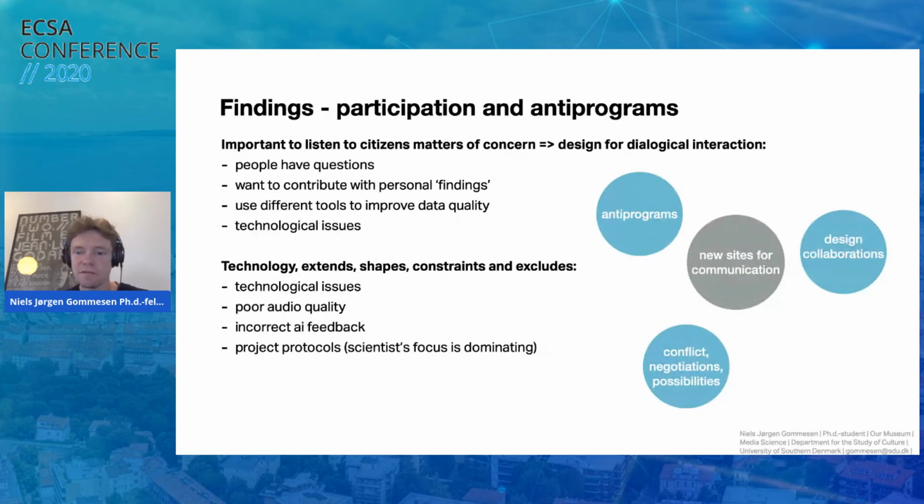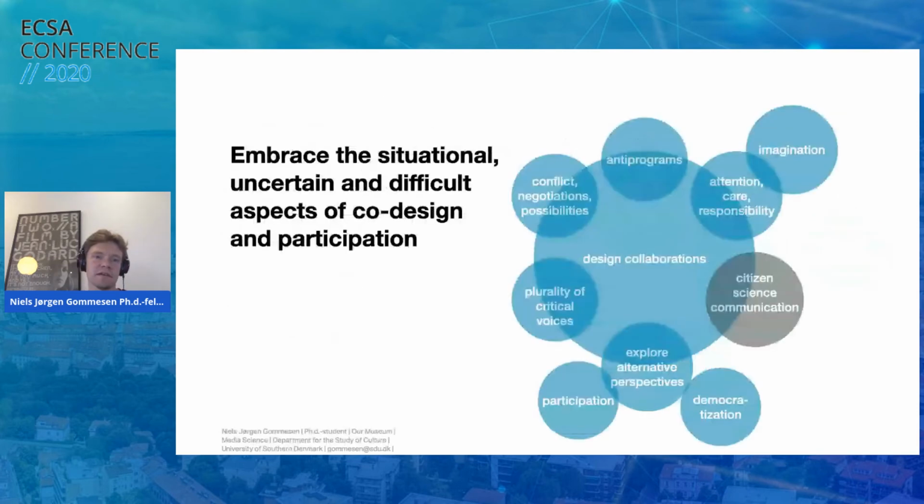And that's what I've been trying to do in my project, co-designing with citizens, and try to embrace these situational or uncertain situations that also open up for different potentials, because citizens bring a lot of different things to the table. For instance, imagination and attention to different matters of concern, care, responsibility.